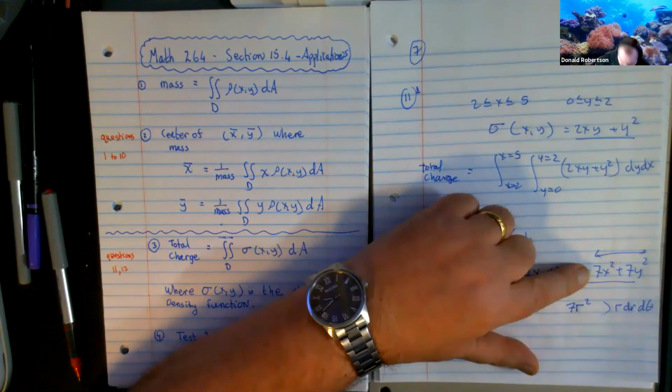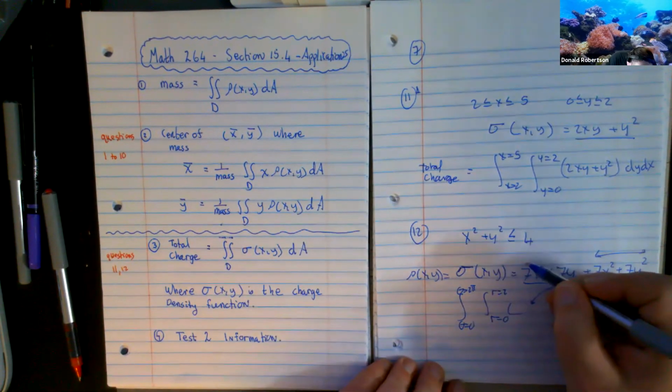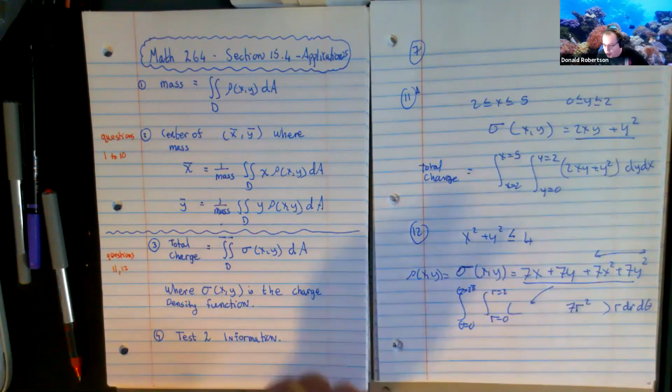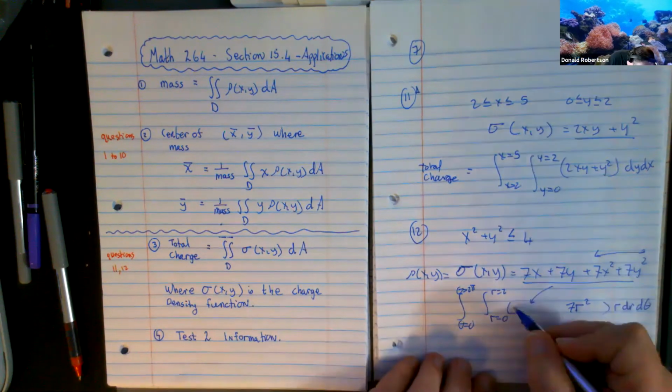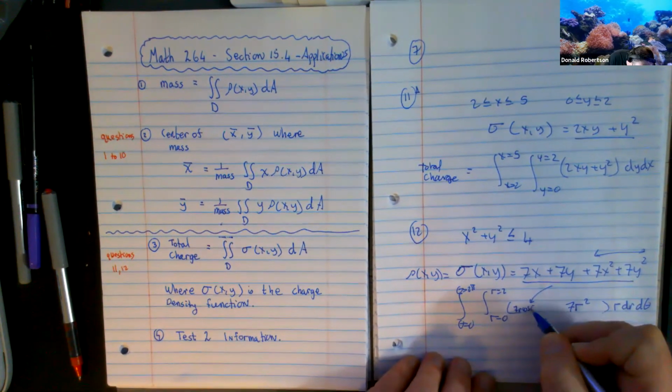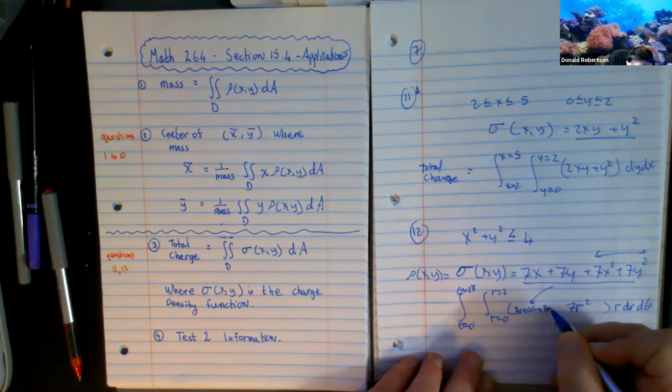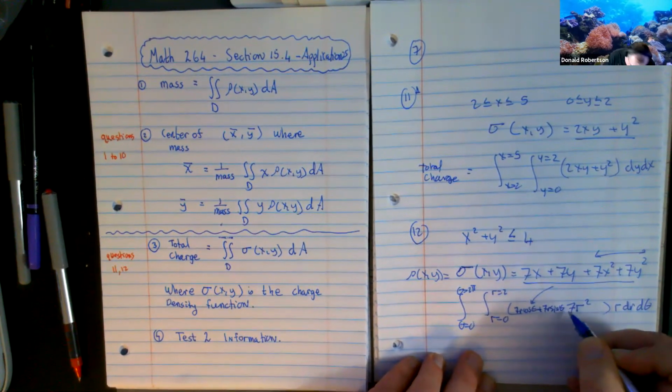Agreed? Now, won't 7x be 7r cos theta? And won't 7y be 7r sin theta?